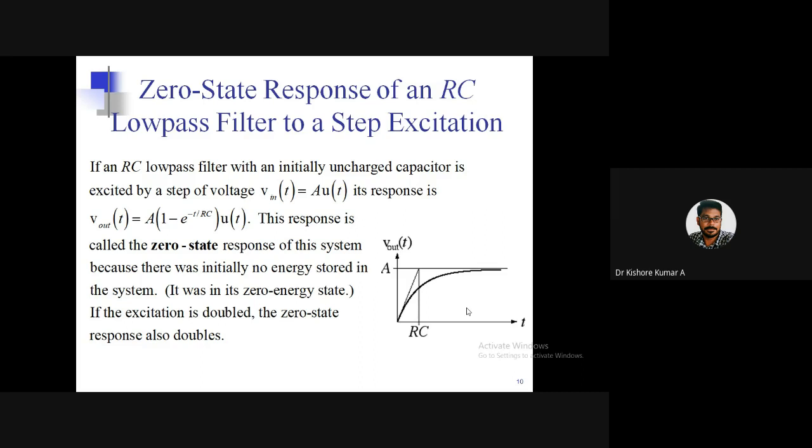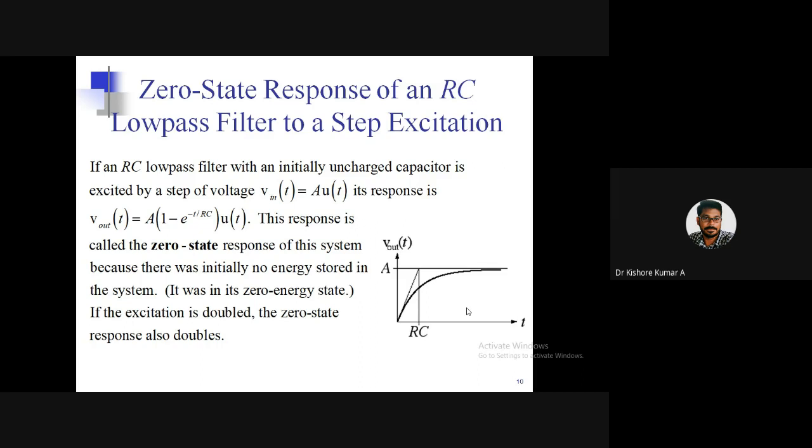Suddenly we connect the resistor capacitor combination to the voltage. For example, if you are applying 5 volts, it does not jump directly to 5 volts; it reaches from 0 to 5 volts. That is how the resistor and capacitor act on the step excitation, which has been clearly given in this diagram.